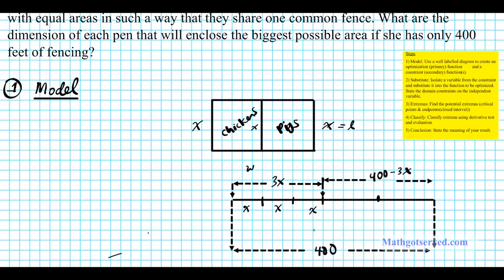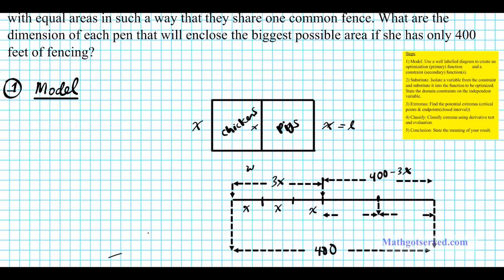Alright, so there goes the middle of the 400 minus 3x. So this side right here represents the entire top, and this side represents the bottom. So if this is 400 minus 3x, then what's the measure of each side? All we simply do is take 400 minus 3x and split it into 2 equal halves, and that will tell us the measure of each side.